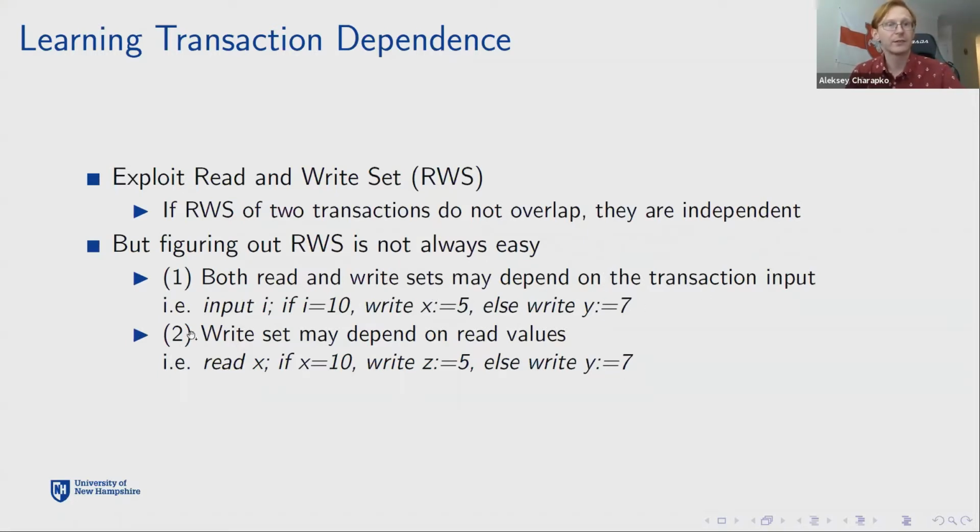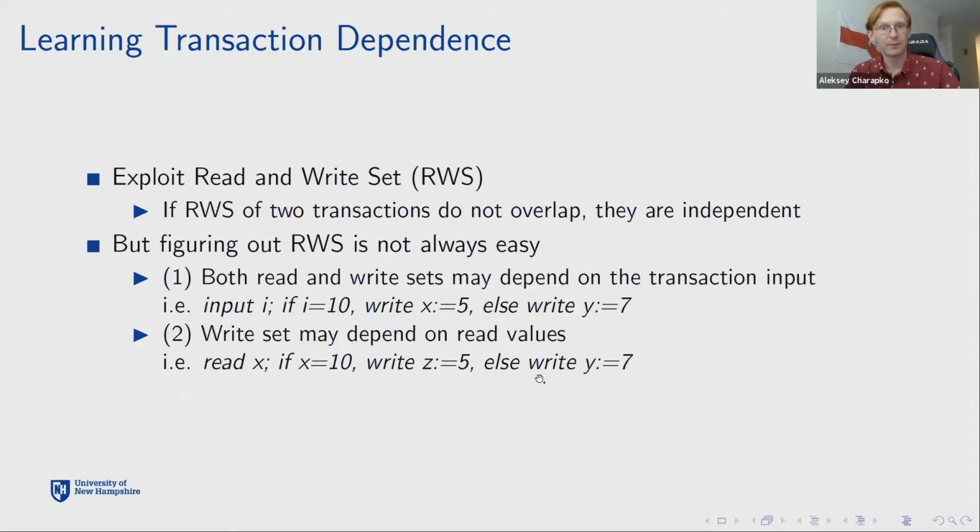The second case they outline is when a transaction's write set depends on the values that the transaction has read in its read set. Maybe the transaction goes as follows: we read X. If X is 10, then write Z equal to 5. Otherwise, write Y equal to 7.